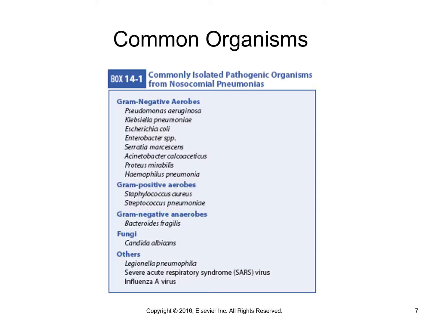All right, this is from chapter 14. This is where this lecture is based out of, so make sure you read through your textbook. Some of the more common organisms are Pseudomonas, Klebsiella.